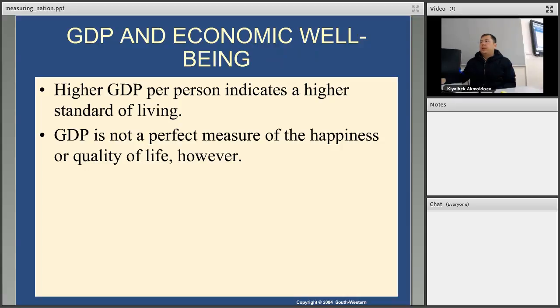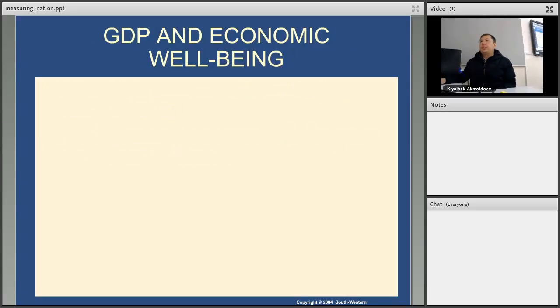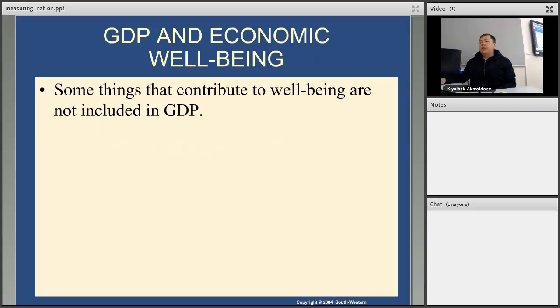Because GDP does not measure the happiness of a country, or its education system, or its healthcare system, or people's satisfaction and well-being, but only measurements in money. They don't count. That's why it is not a perfect measure.